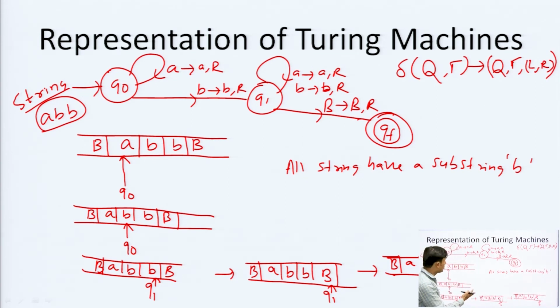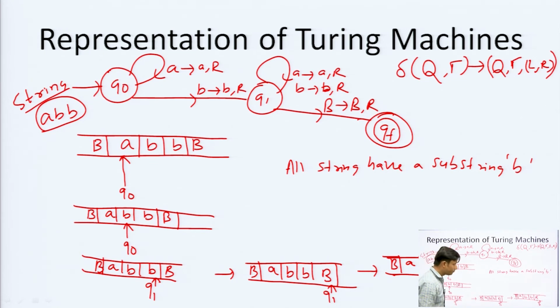That is why there is no need to move anywhere, just read the input and go right, and when we find the blank, go to the final state. We will do more numericals; I am just explaining what the tuples are and how this works. When we do more numericals, we will check it. So this is the right move.